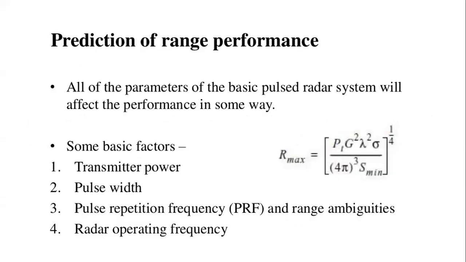So now that was one part. Now what all things have we found out? If you ignore these drawbacks, then we have received a lot of information about the target. So what are the basic factors that have helped us? One is transmitted power PT. Then pulse width, which you can find out with the help of PRF, and range ambiguities. What is range ambiguities?